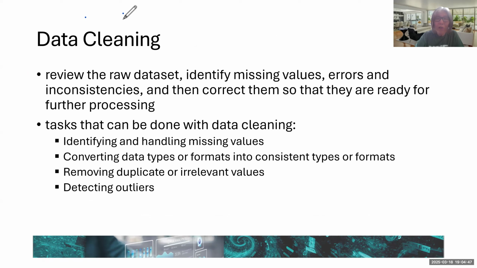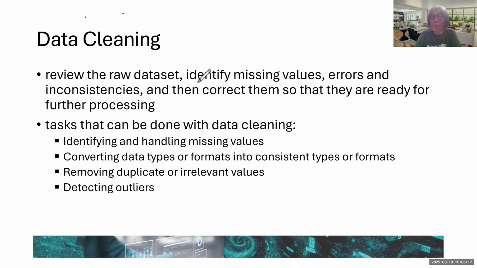So the first section is about data cleaning. Okay. So for data cleaning, the very first step is you do some review of the raw data set. And if you recall, for data frames, we have some functions like describe, isnull, and info. So those can provide us some information about the raw data.